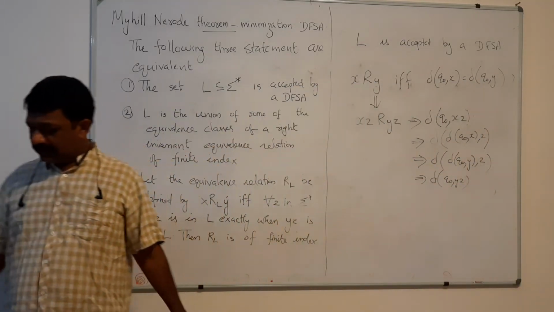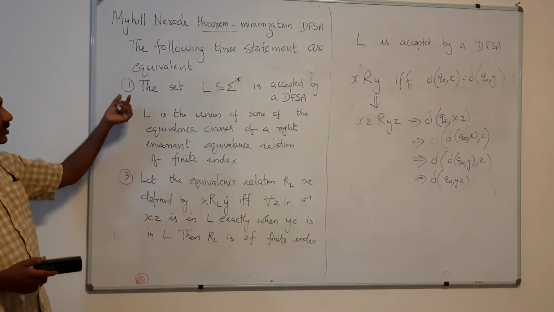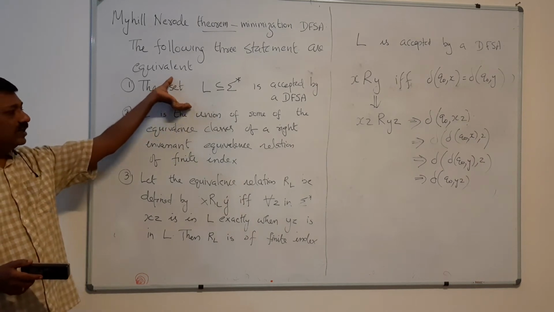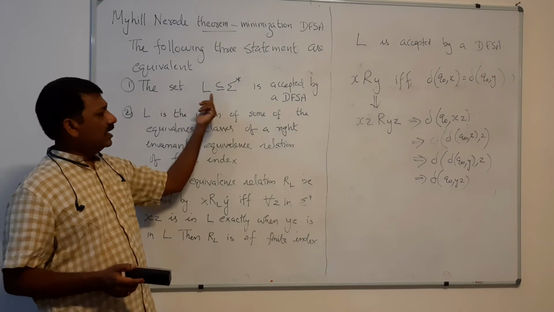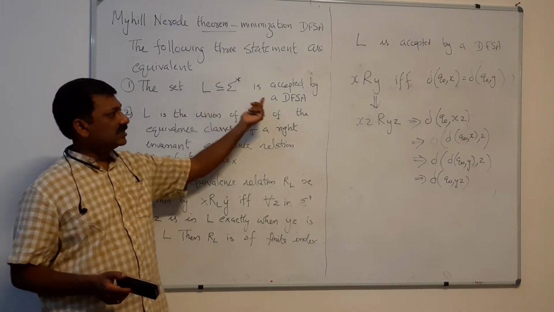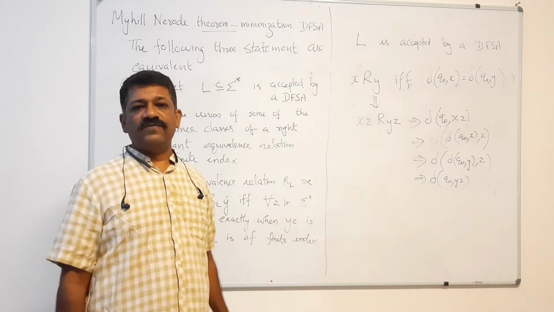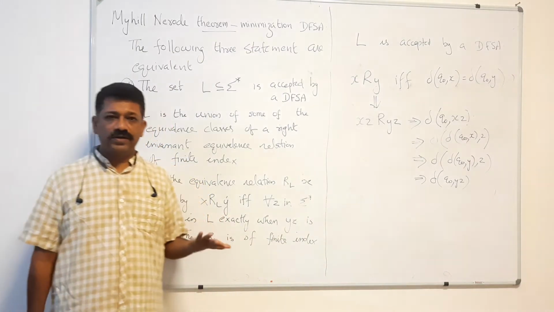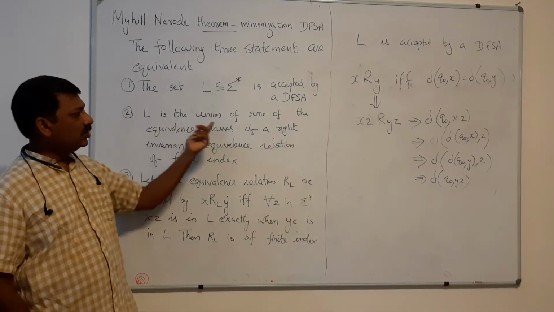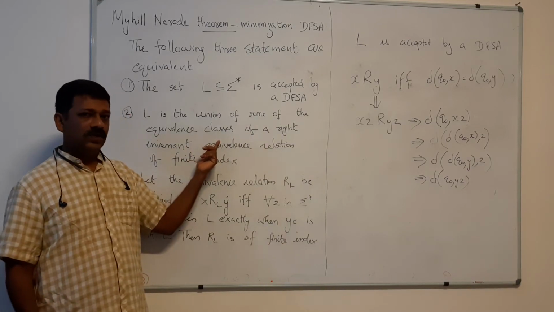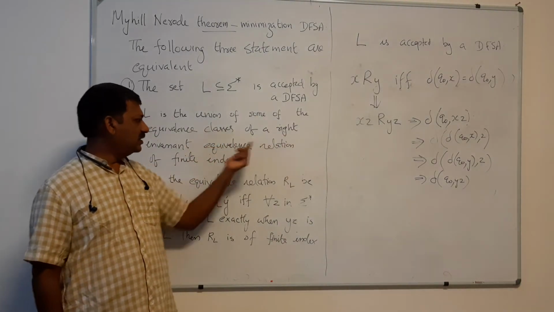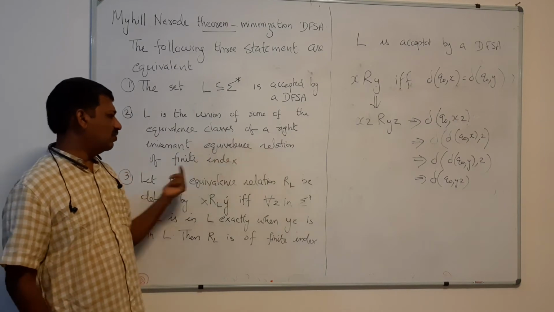Now I think we have deduced that the meaning of this and this is the same. That means the set L, a subset of sigma star, is accepted by a deterministic finite state automaton. That you know already. Now L is the union of some of the equivalence classes. That also we have proved, of a right invariant equivalence relation of finite index.